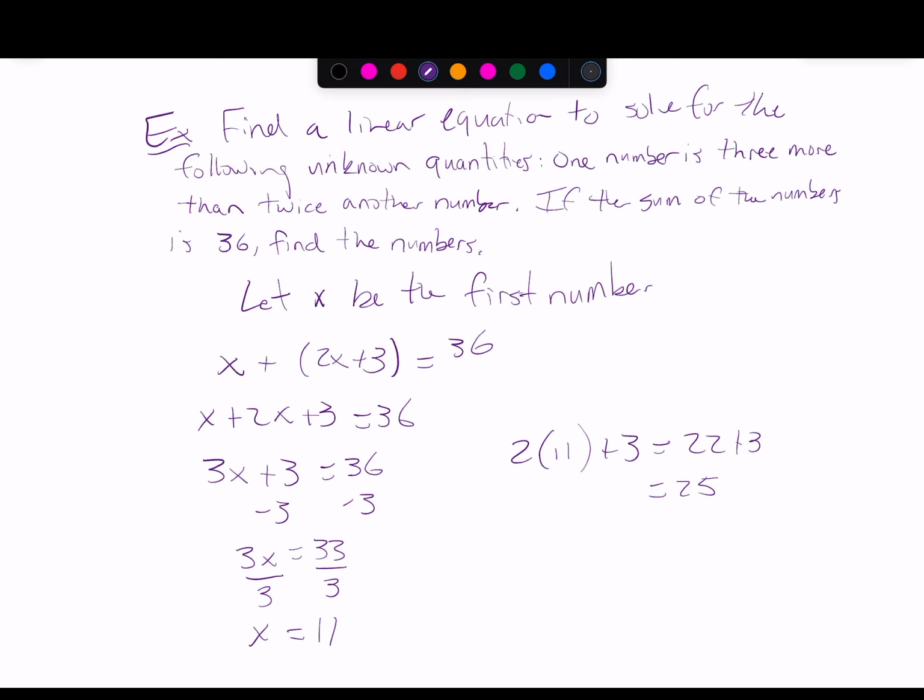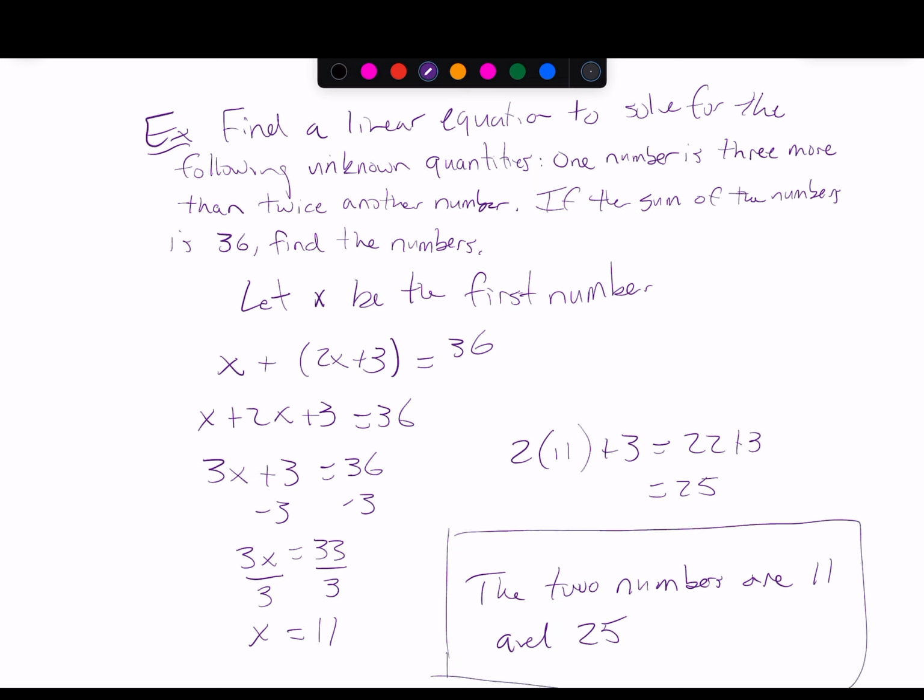So our two numbers are 11 and 25. Okay, so we were able to write an equation to express those things, solve the equation, and then we wrote the solution to the problem in words. So those are the solutions following the steps for solving a real-world problem. Let's do another example.